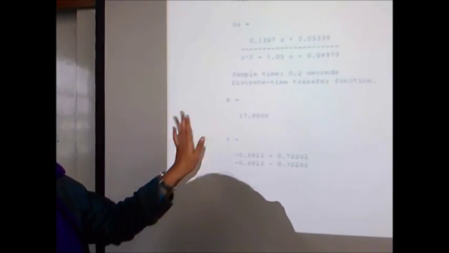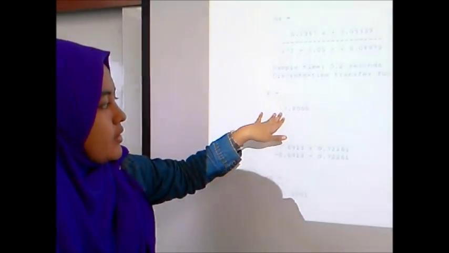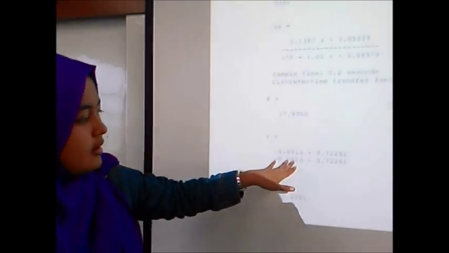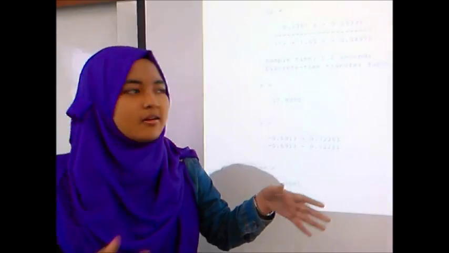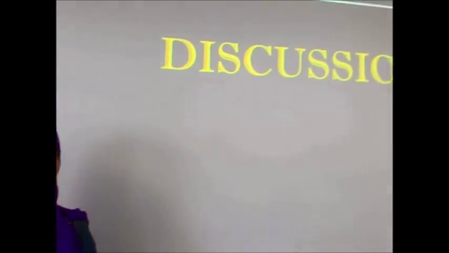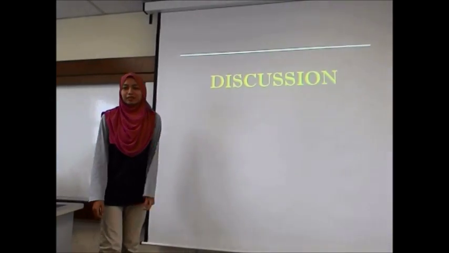And the R that we find is the poles. R equal to poles, okay? Poles for 17.8 is 0.96913 plus minus 0.72261. Okay, that's all for me, and we will continue with Amalina.